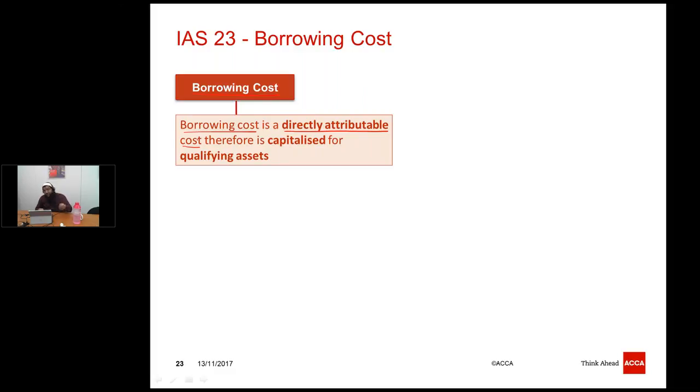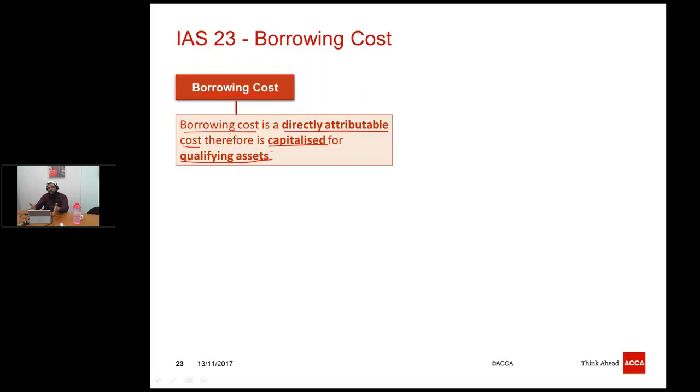Now the interest payment, is it a directly attributable cost? Yes, because without this payment we cannot develop the asset. So the interest cost would also become the directly attributable cost for the asset and therefore is capitalized for qualifying assets. Now what are qualifying assets? Let's understand the remaining part.